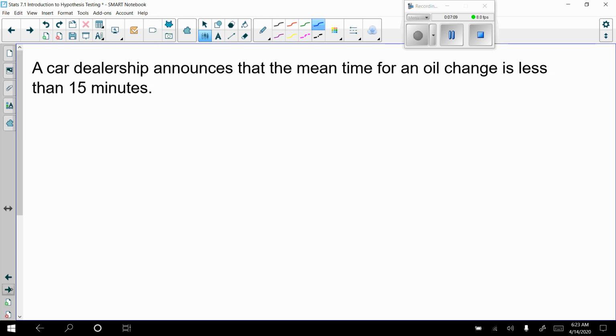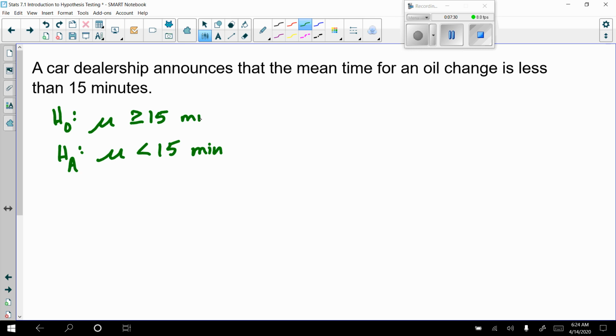Back to our car dealership example. Remember, the null hypothesis and the alternate hypothesis were that the mean time for an oil change was less than 15 minutes for the alternate hypothesis, and the mean was greater than or equal to 15 for the null hypothesis.